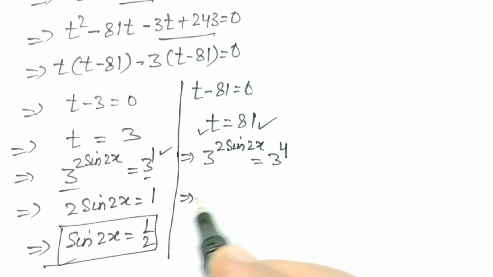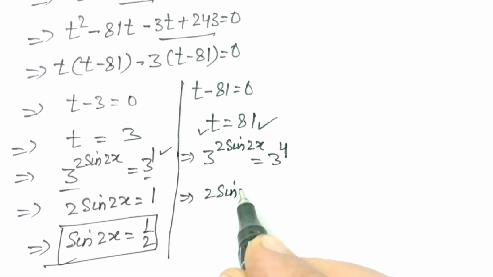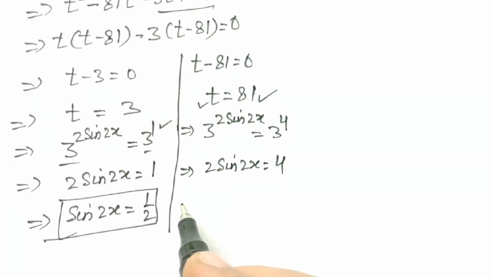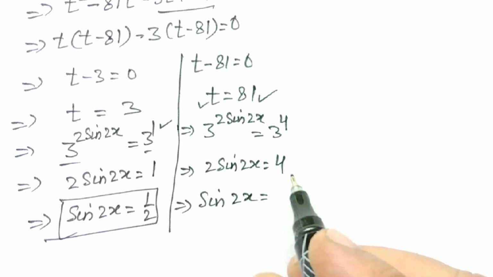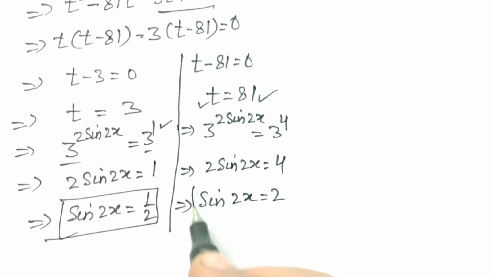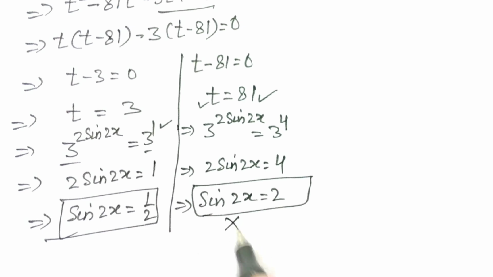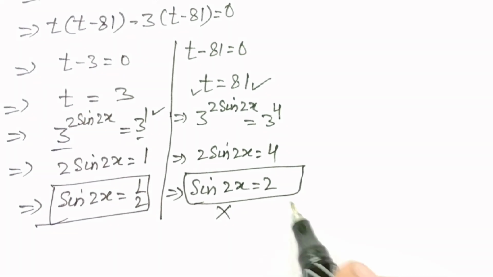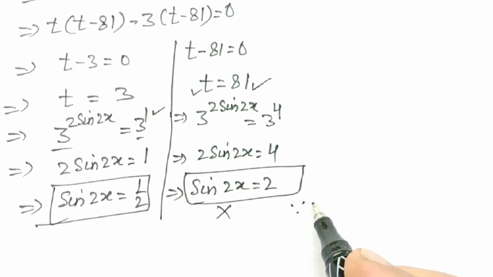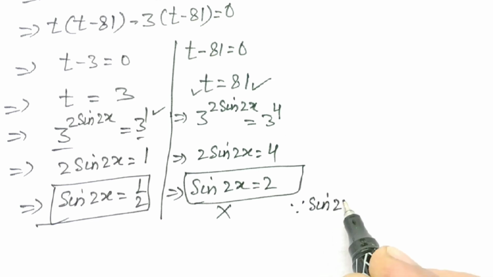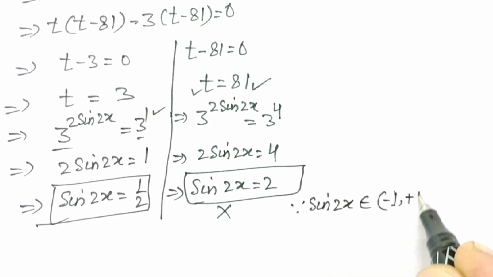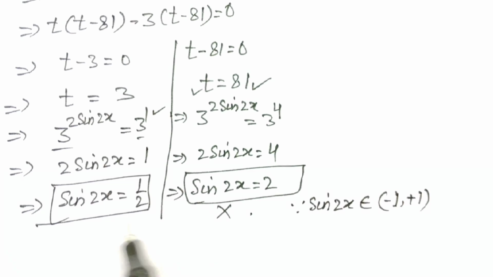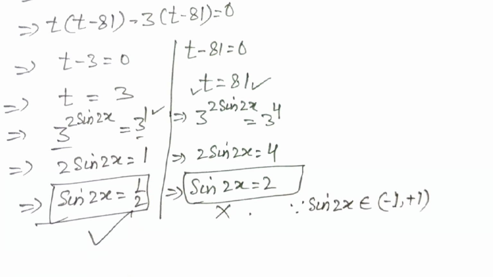So 2 sin 2x is equal to 4, so sin 2x will be equal to 2. This is unacceptable, because sin 2x belongs to the range minus 1 to plus 1. So we will go with the first case.